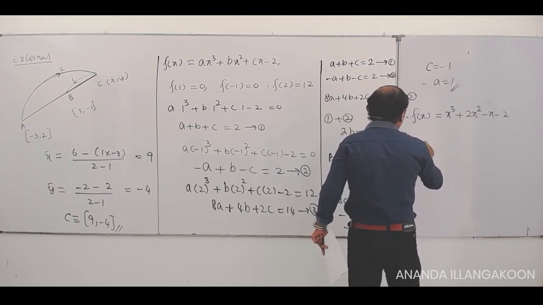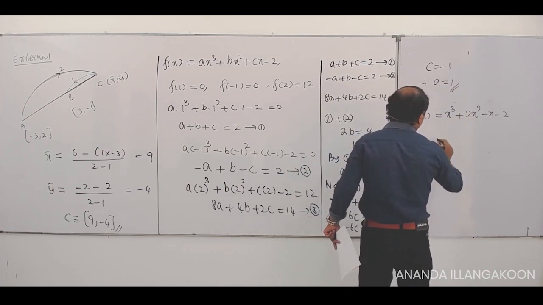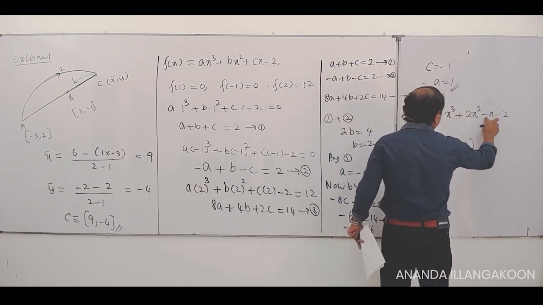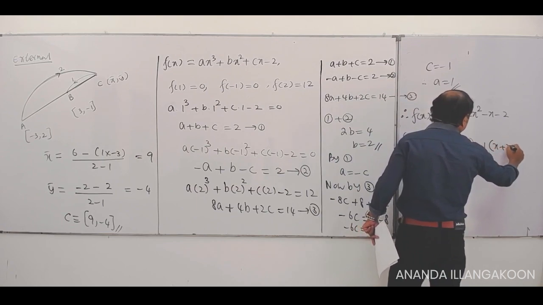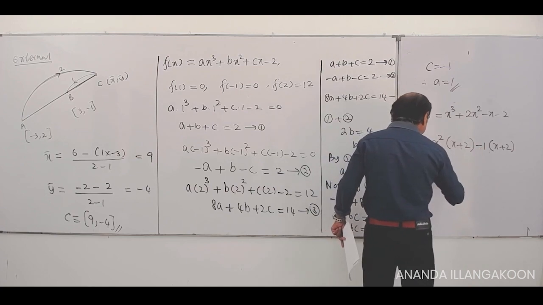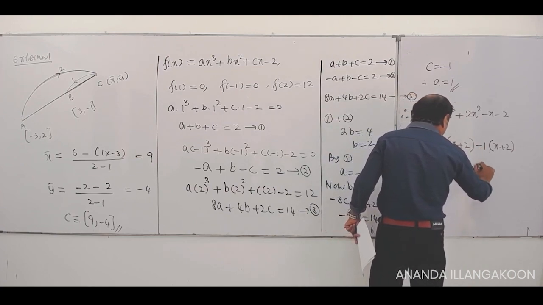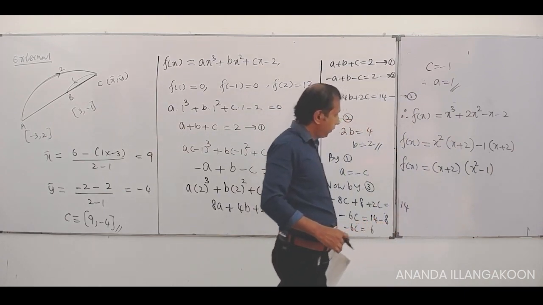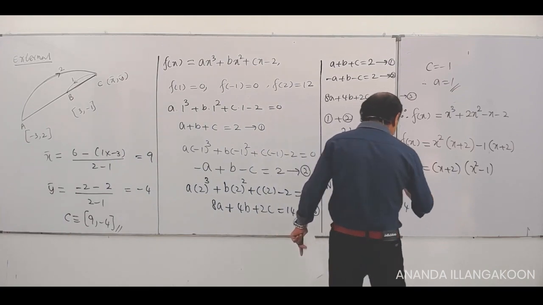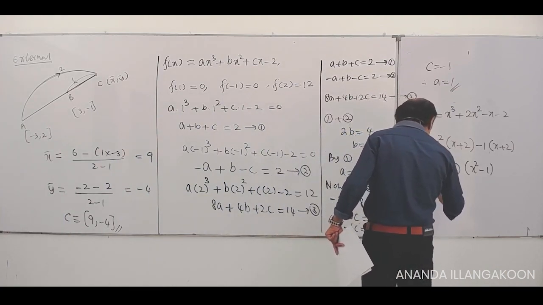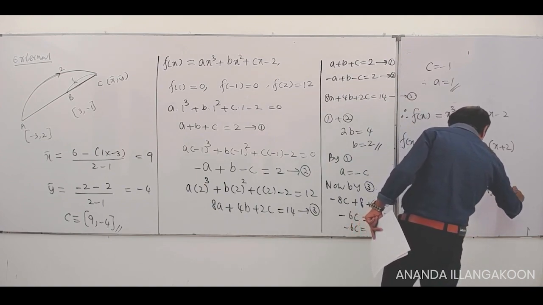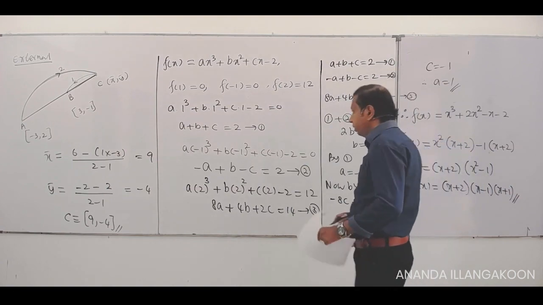Now I can write f(x) from this to take x squared out, we get x plus 2. From this to take minus 1 out, plus 2. Now take x plus 2 out, x squared minus 1, you can factorize as x minus 1, x plus 1. This way we can write the linear factors.